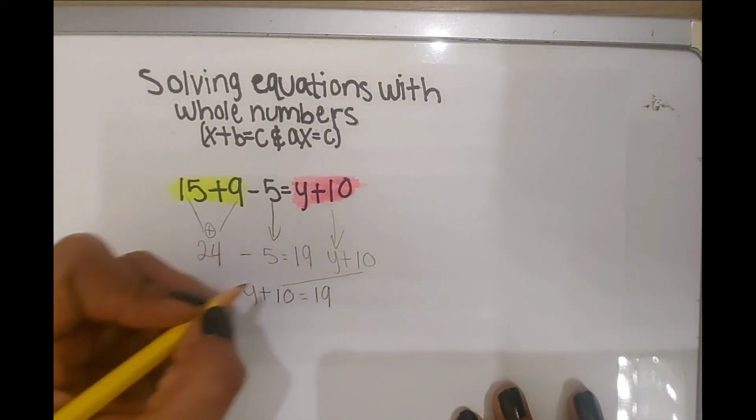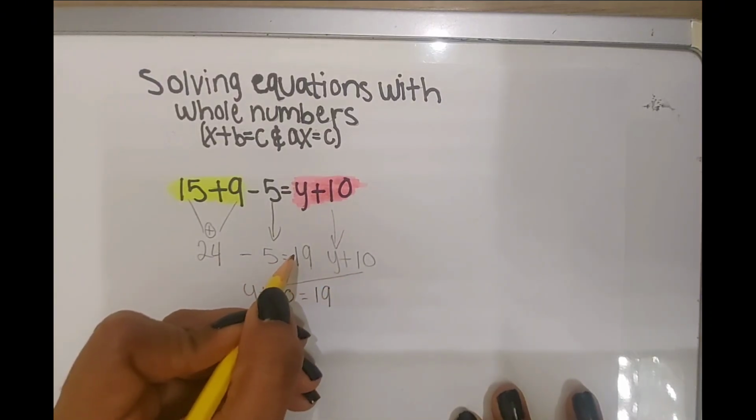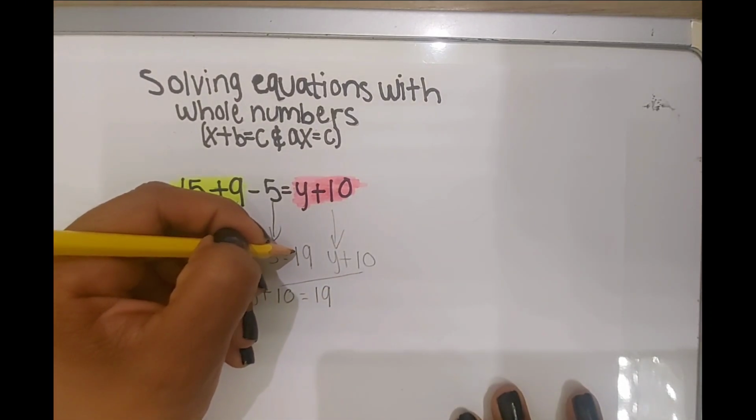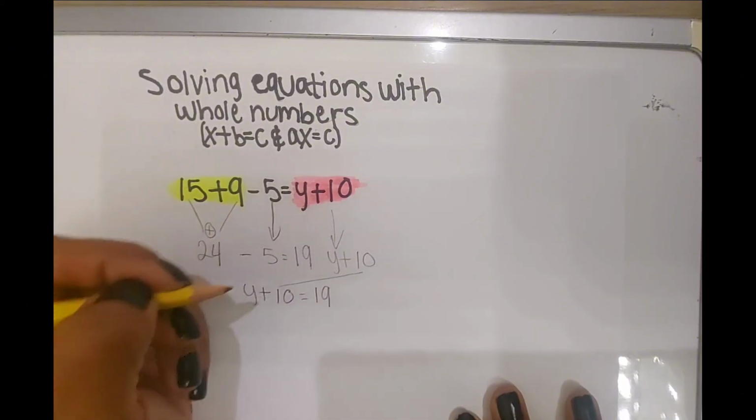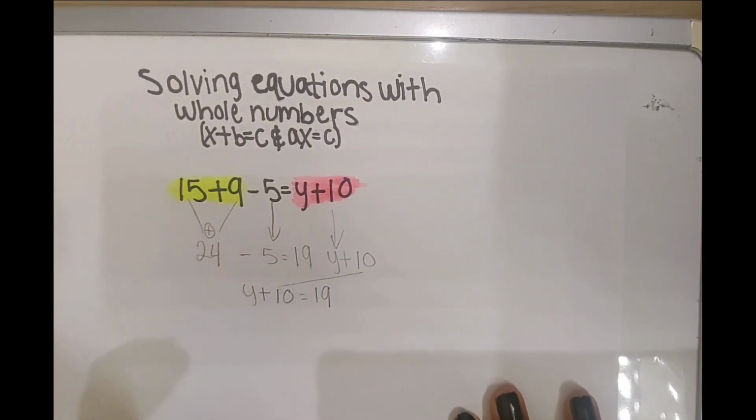Yeah, so you bring the 19 down as well. It's not just the y plus 10, it is the 19, y plus 10. So you bring all of that down.